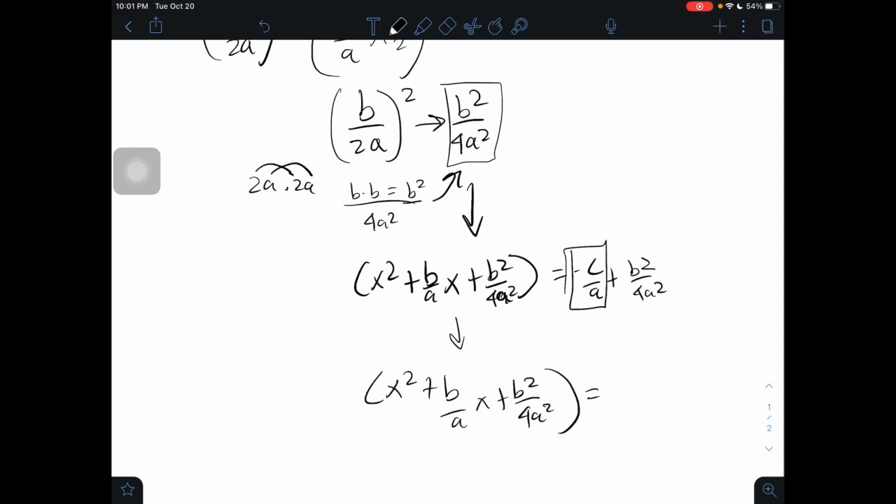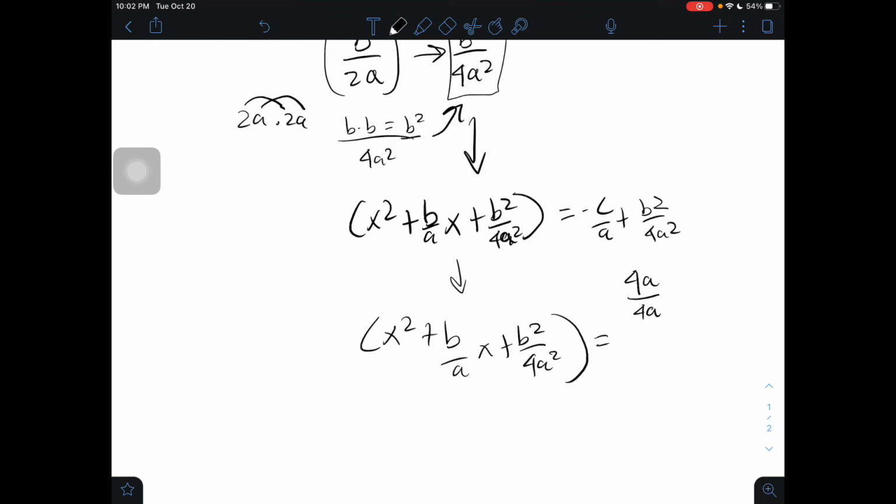So what we have to do is multiply the first fraction by 4a over 4a. So 4a times our numerator and 4a times our denominator. After multiplying negative c over a times 4a over 4a, we are left with negative 4ac over 4a squared.